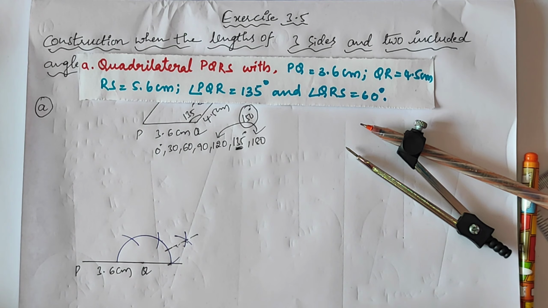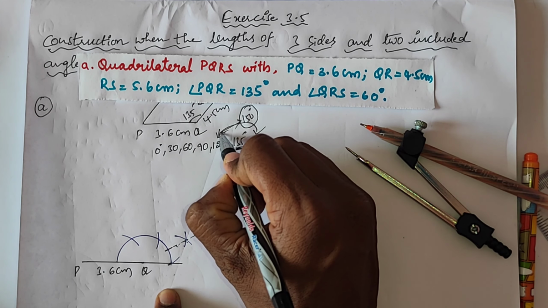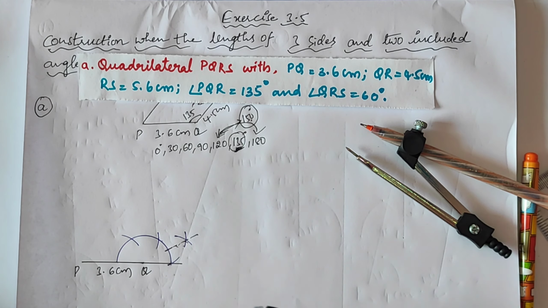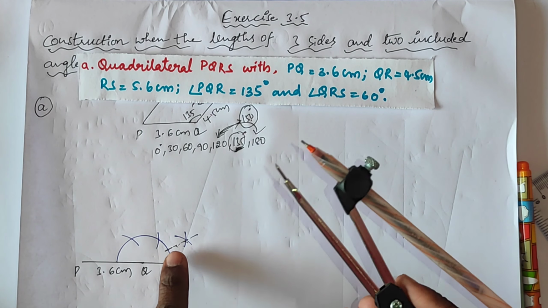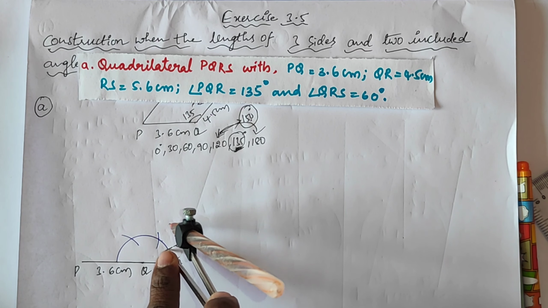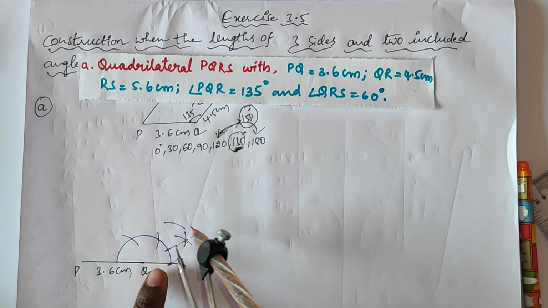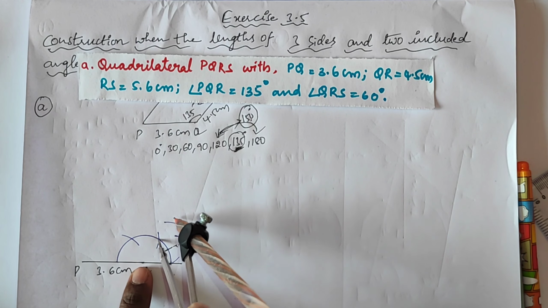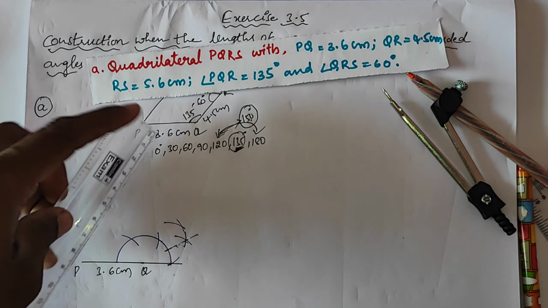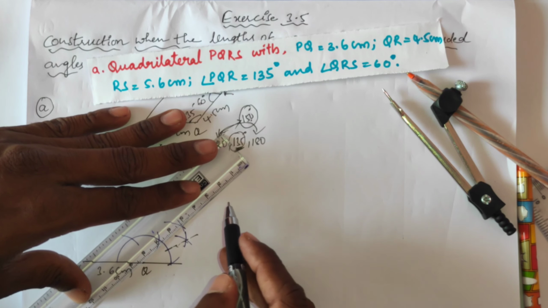Now between 150 and 120, what will lie? 135. Now taking radius as 150, measuring this one, we will construct a bisector here. So with 150 drawing an arc, with 120, I am cutting that arc. Yes, we got the intersecting point. This is the required 135 degrees.